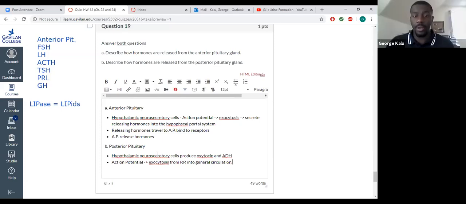All those hormones are getting produced inside the hypothalamus. But again, remember those neurosecretory cells are going to run from the hypothalamus directly into the posterior pituitary. And when it's ready to have an action potential, it's just going to release those hormones from the posterior pituitary and into the general circulation.